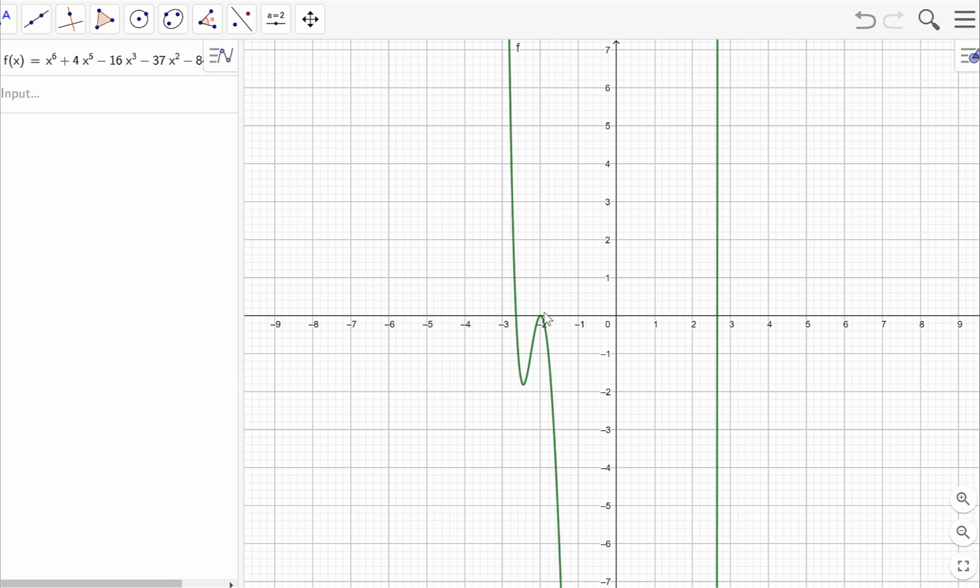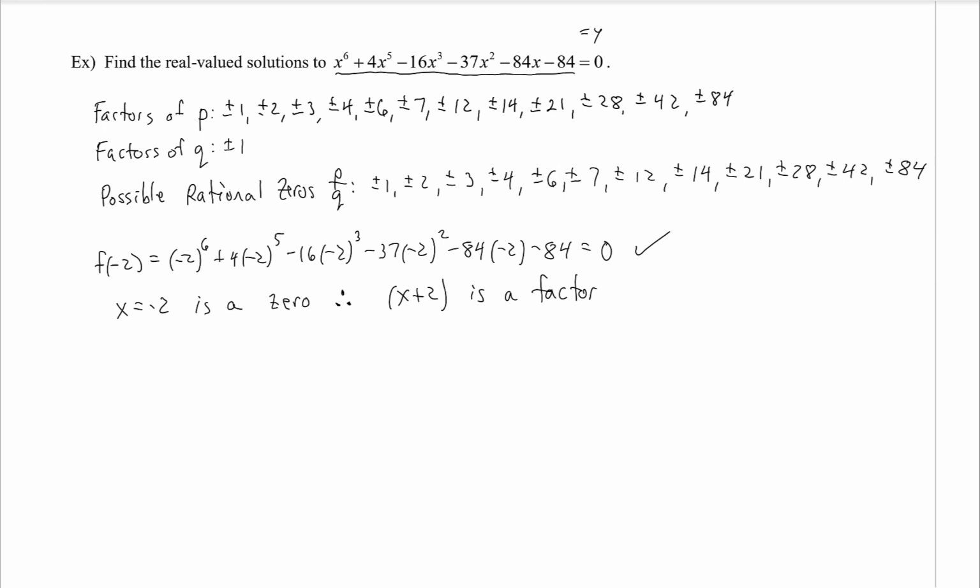So our only way forward is using the even multiplicity of -2. So from the graph, and yeah, we use GeoGebra for that, which is fine, we see that x equals -2 might have an even multiplicity.